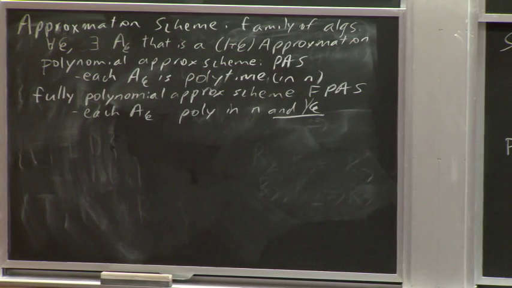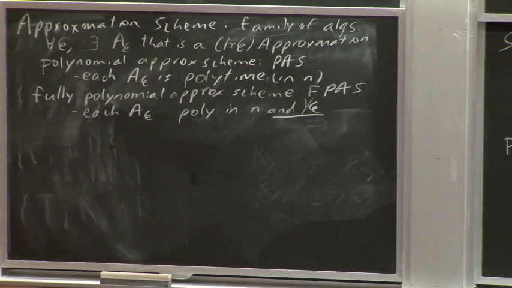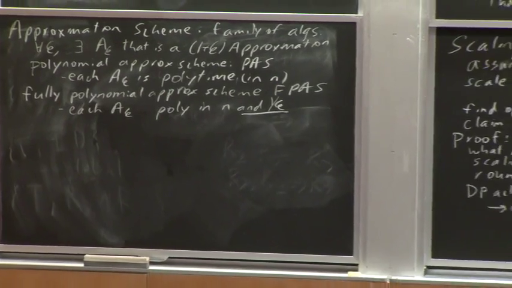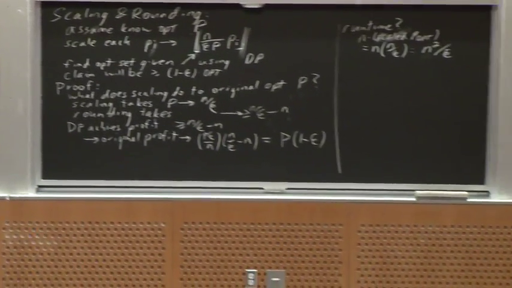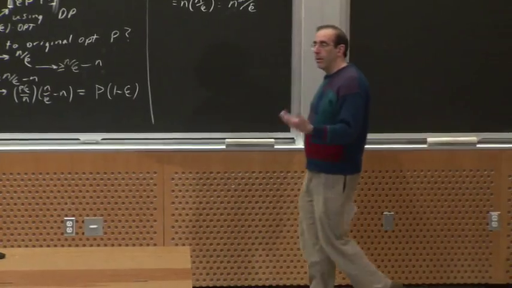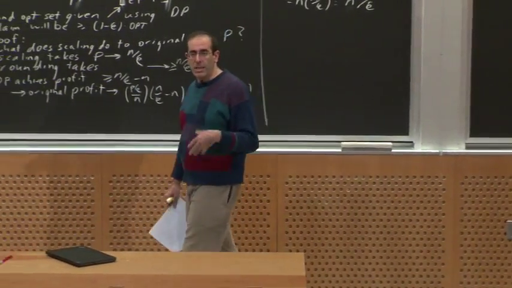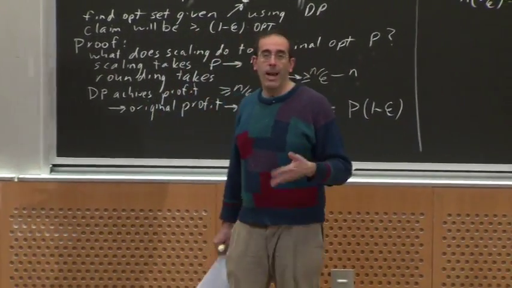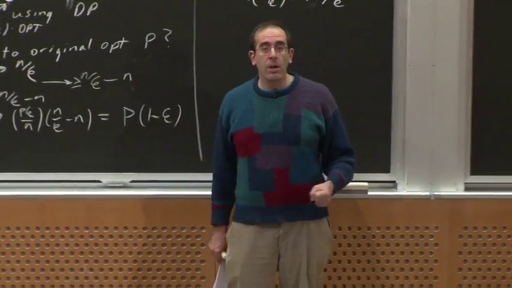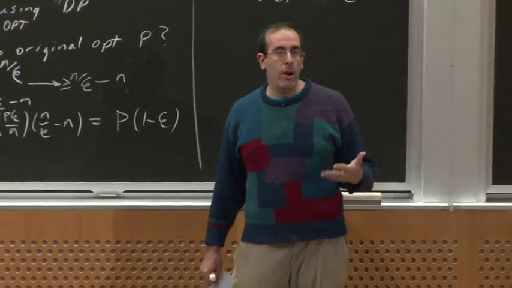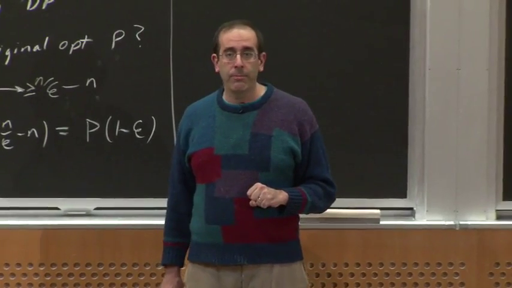Now, as you might expect, this technique of scaling things, rounding to integers, using a dynamic program to get the solution for small integers, that's a pretty general technique, right? You can imagine applying that to all sorts of numeric approximation problems, okay?